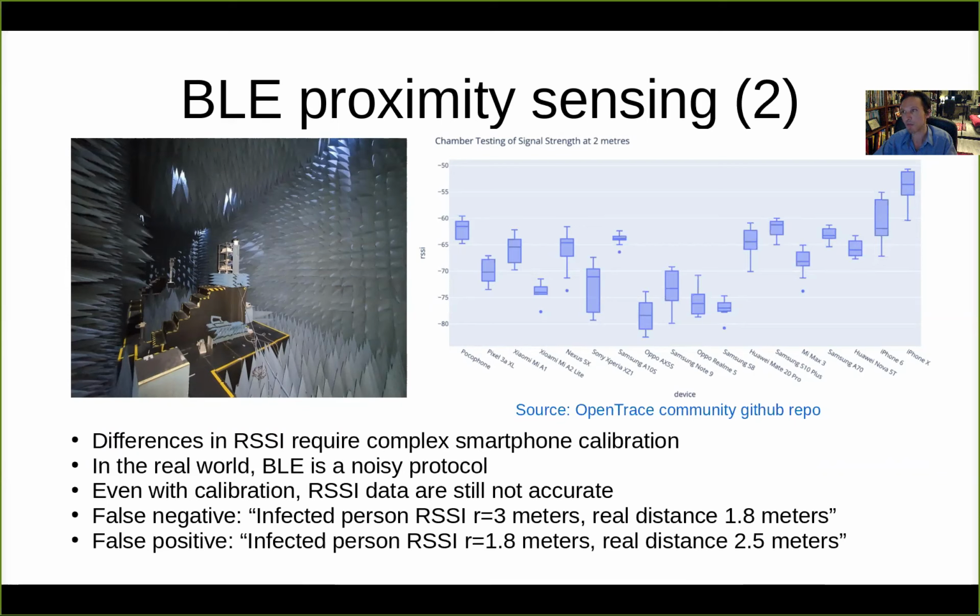As we speak, there are of course engineering efforts to calibrate and resolve these issues, but as far as I know, they haven't been tested at scale, and therefore they remain unproven. So this means that a large portion of the data collected by Bluetooth proximity sensing is unreliable. And that's the end of the story, really.